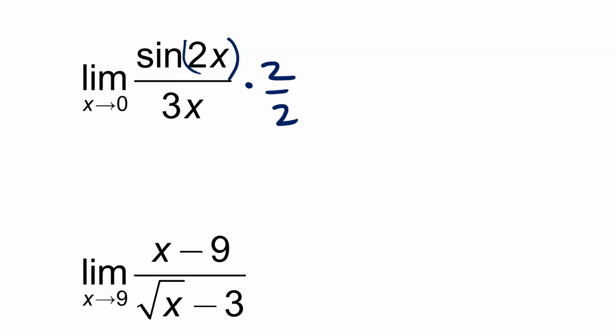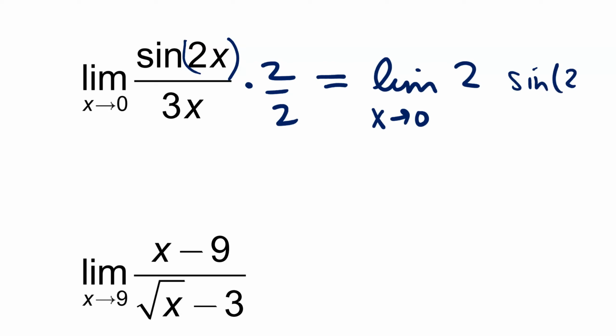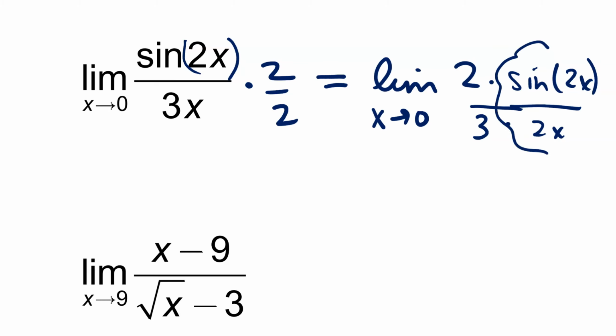It's just multiplying by 1. So I could say this is the same thing as the limit as x goes to 0 of 2 times sine of 2x over 2x, and then what happened to my 3? Just pull it out, because this portion right here, the limit would be 1, and then you just multiply the constant of 2/3.